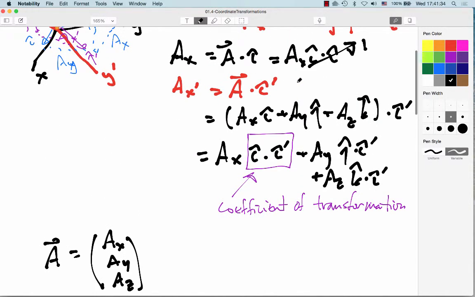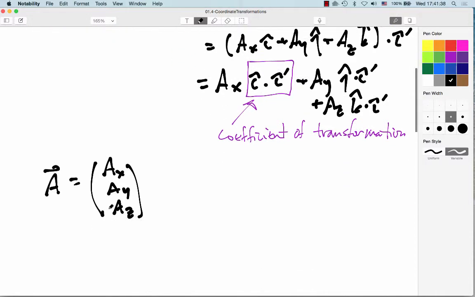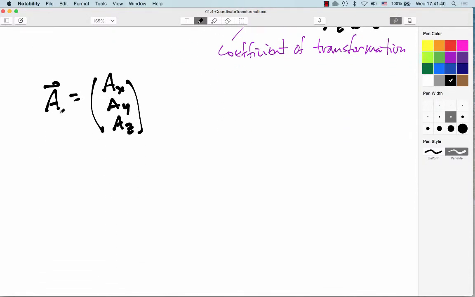So I can generalize this idea into a matrix multiplication, which is what we're going to do now. So to express A in the primed system, so Ax prime, Ay prime, Az prime. Now this isn't a different A, it's the same A, just represented in a different coordinate system.